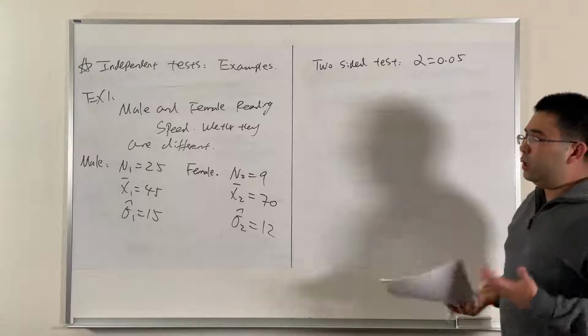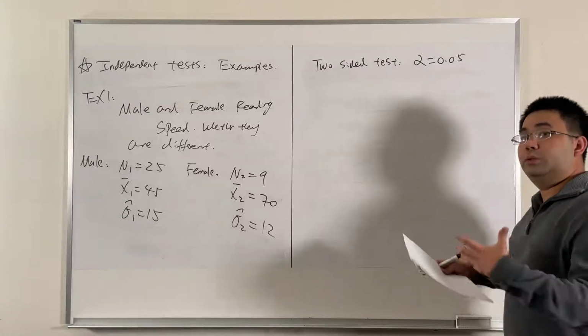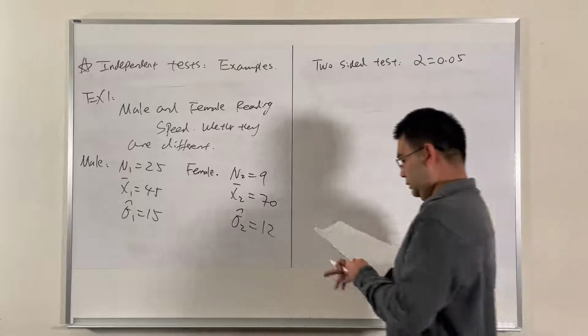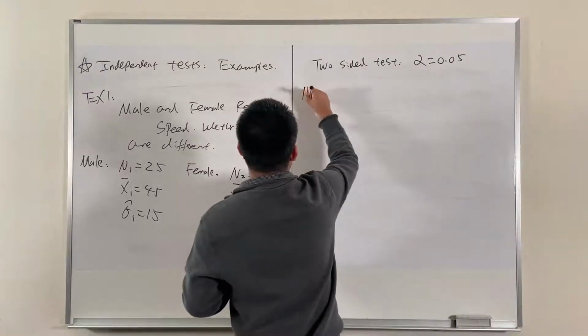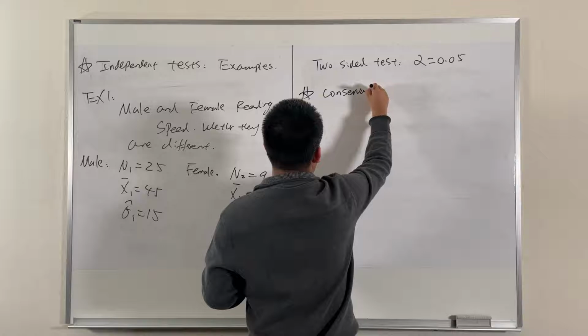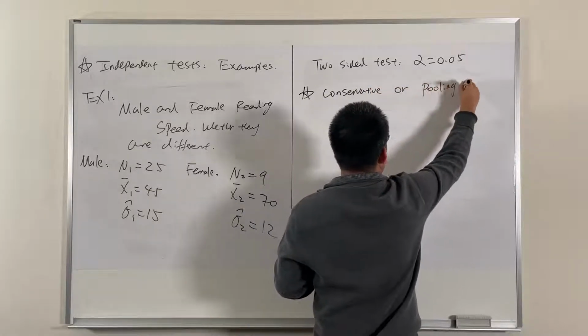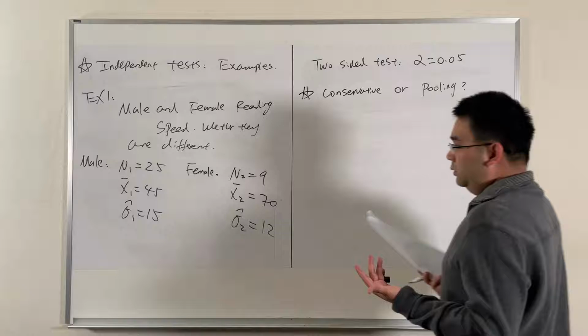So the next question we should ask ourselves is whether we should use the conservative or the pooling method.